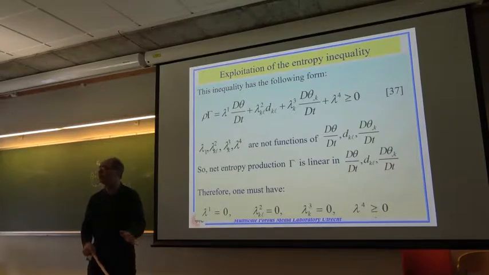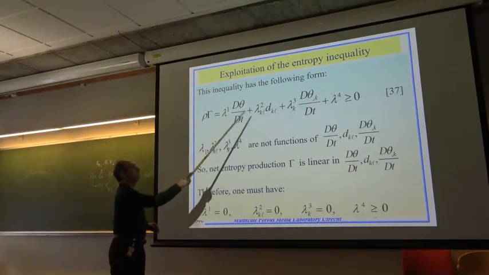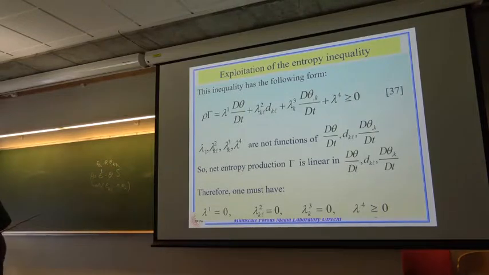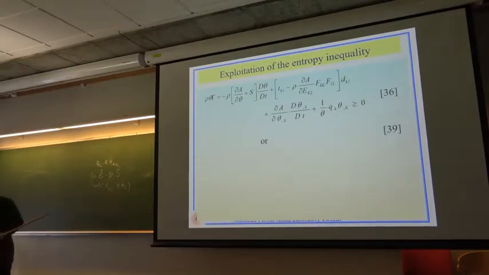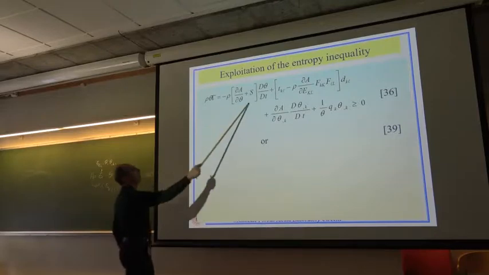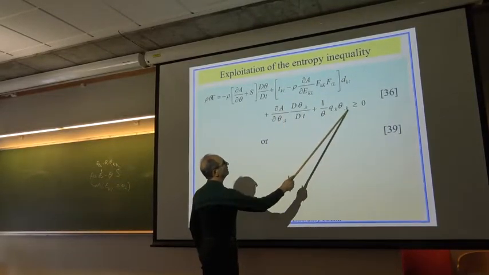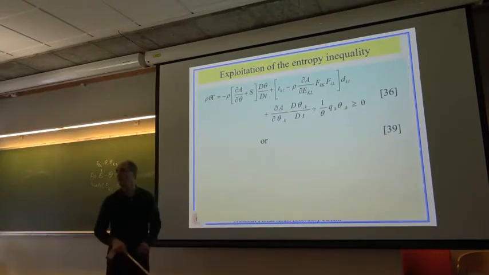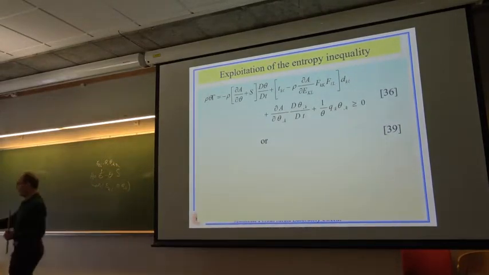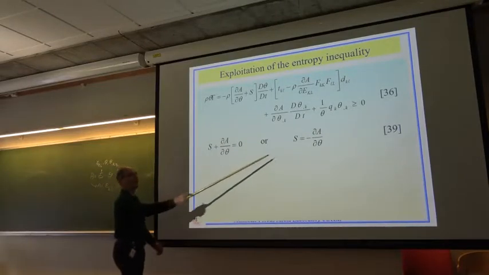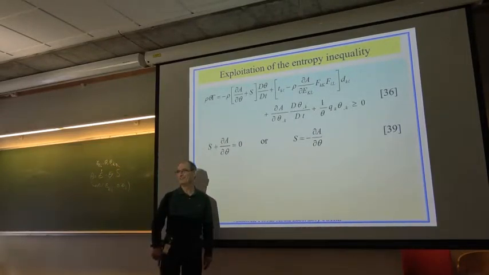There is no material for which that happens, therefore they must be zero, and now I get S is equal to minus dA/dθ, because one of them is this. So these must be zero, this must be zero, this must be zero, and this must be non-negative. It's a mathematical result. And so I get, indeed, oh yeah, you're right. S is minus dA/dθ.